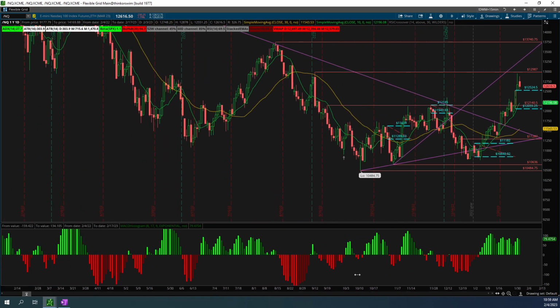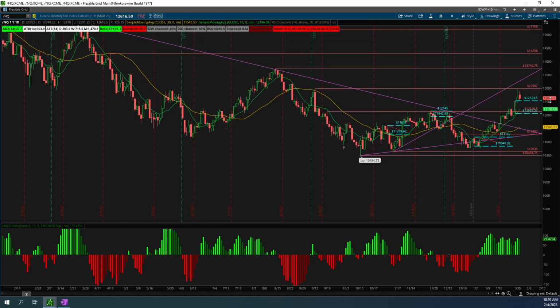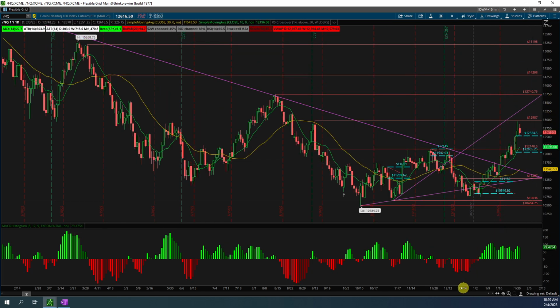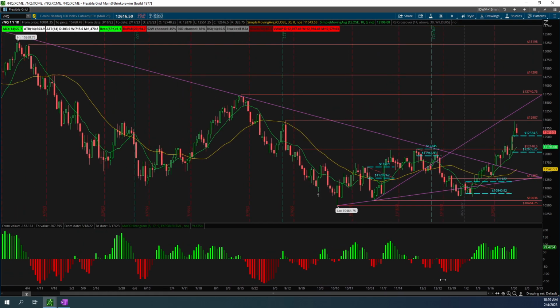I marked the opening range here, which is the 1st of February, and then price is now above it.